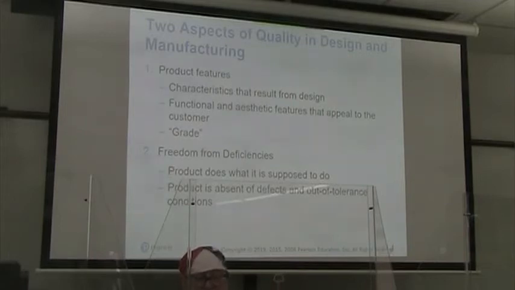One is the product features, that's characteristics resulting from the design. Our functional and aesthetic features, and the grade or quality level. The second aspect is freedom from defects. That is to say, the product does what it's supposed to do and has no deficiencies or out of tolerance conditions.